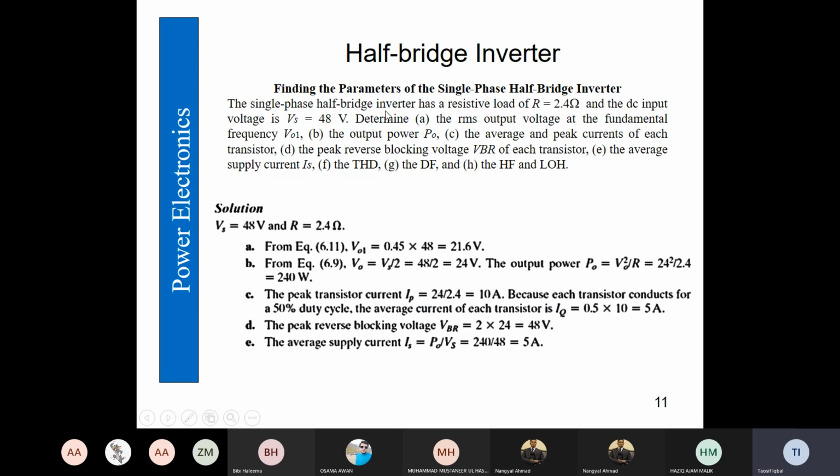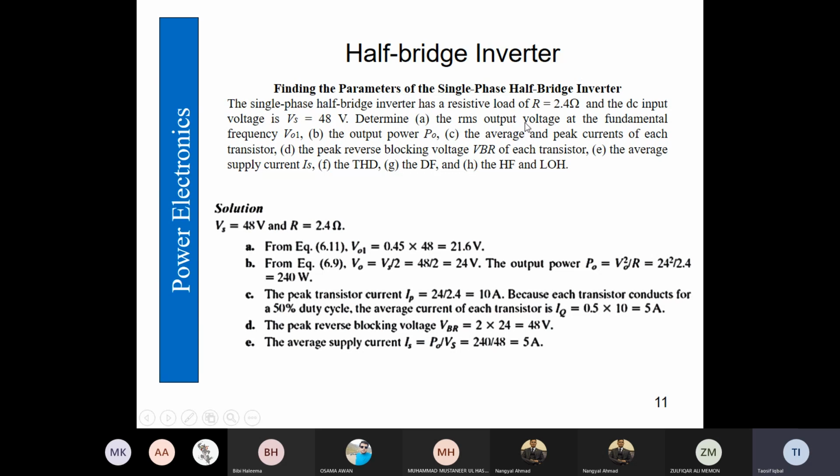So in half bridge inverter, we have a load of 2.4 ohms resistor, and the DC input is just 48 volts. So we have to see how much AC voltage we get from 48 volts DC.